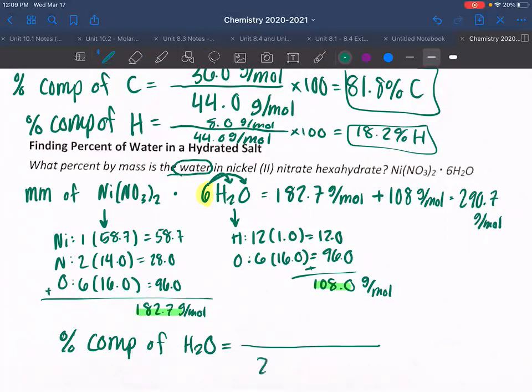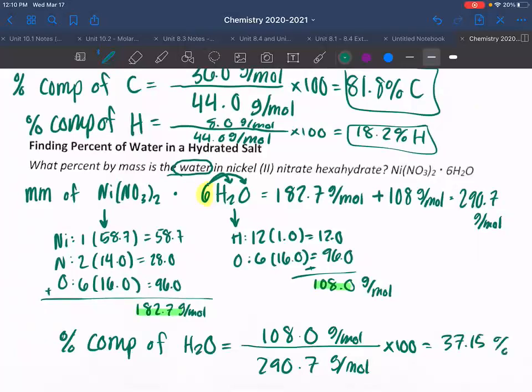Awesome, bottom, because that is the mass of the whole compound. And then what number are we putting at the top? 108, water's mass, awesome. 108.0 grams per mole, multiply that by 100, we get 37.15% H2O.